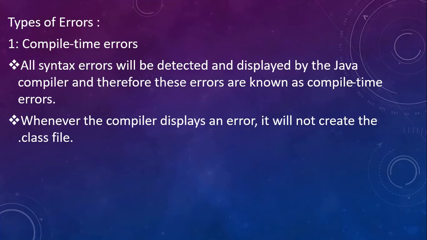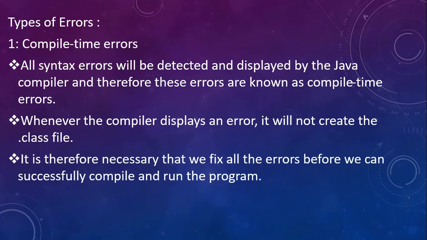As we know, the .class or bytecode file is created only after successful compilation. So if you have a compile time error, Java will not create the .class file, and it is therefore necessary that we fix all the errors, especially the compile time errors, before we can successfully compile and run any program.